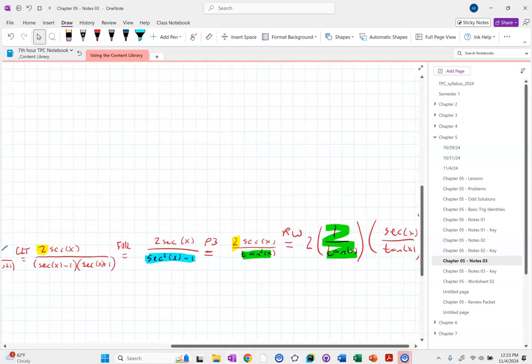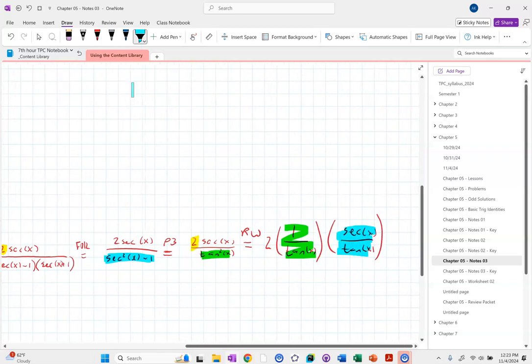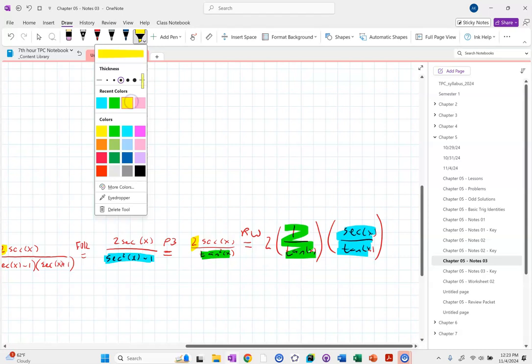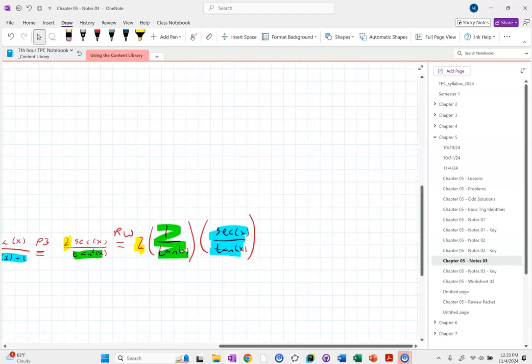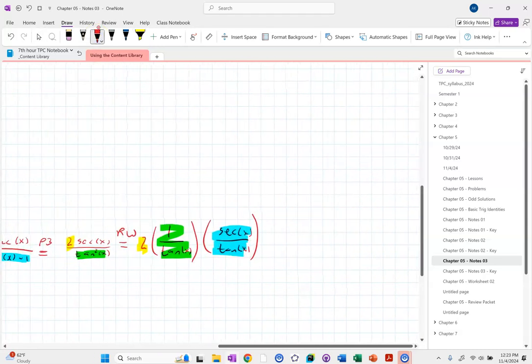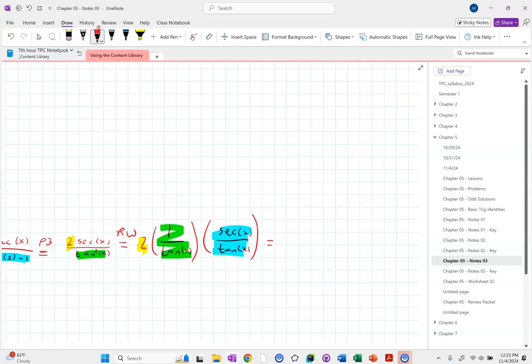So that means that everything that's left has to turn into cosecant somehow, right? Does that make sense, Tomasino? Yeah, it does. Okay. So let's start working towards that now. How do we want to try to turn secant over tangent into cosecant?